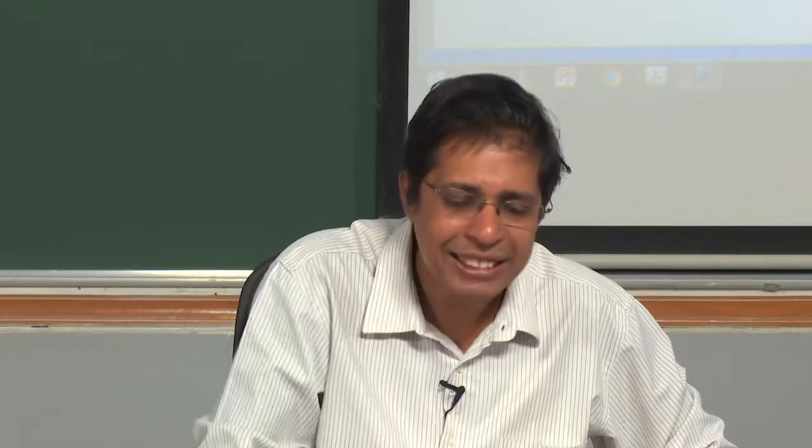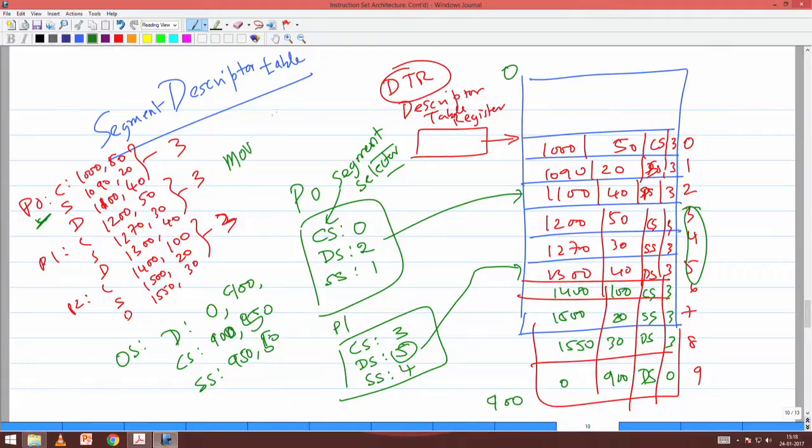Even if I want to access memory, I will move some address here, and this address automatically will get added to your data memory. If as P0 my data memory is 1100, it will get access to 100, and if it is greater than 140 bytes, then automatically it will say sorry, it will not even allow you.